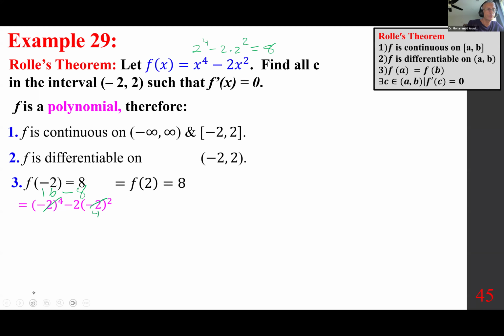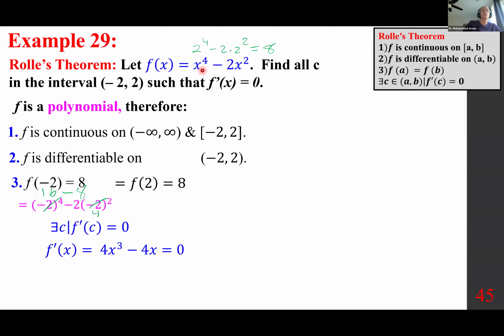So f is continuous, f is differentiable, f of a equals f of b. There must be a point such that f prime of c equals 0. How do you find that? You differentiate this and set it equal to 0. So f prime of x is 4x cubed minus 4x.